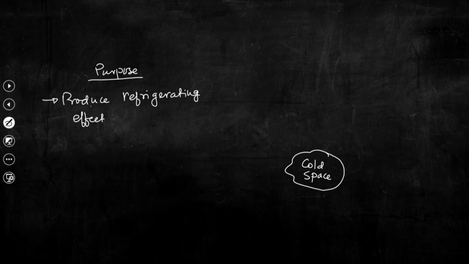If we need to maintain the temperature of this space at, for example, minus 10 degree Celsius, then certainly to run this we need a few mechanical and electrical components.